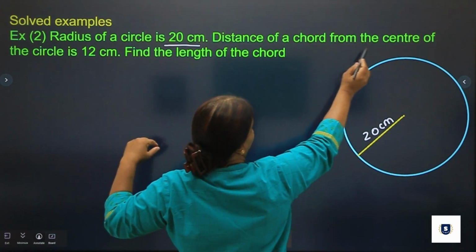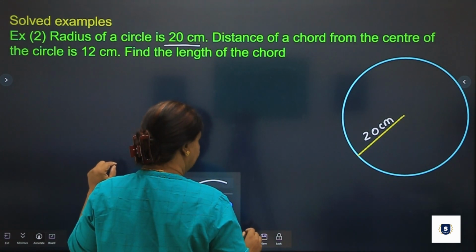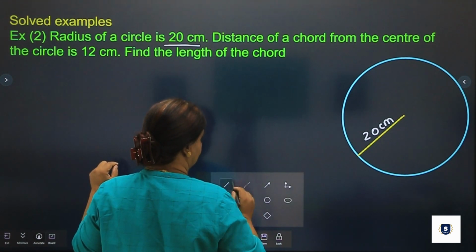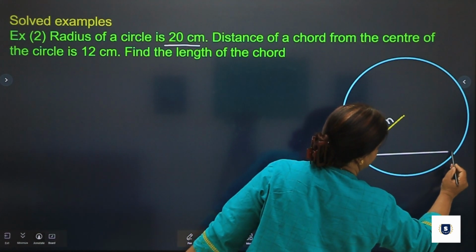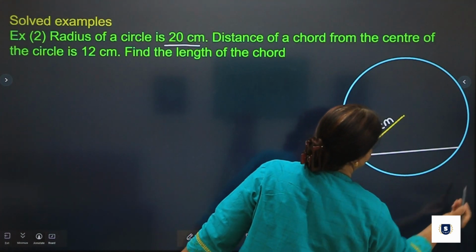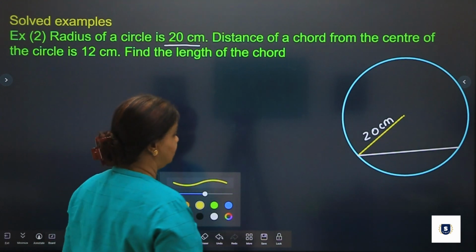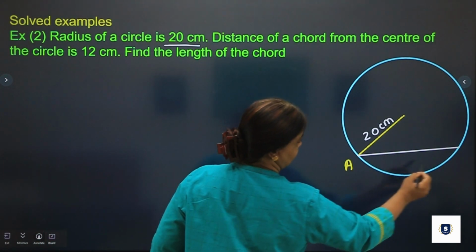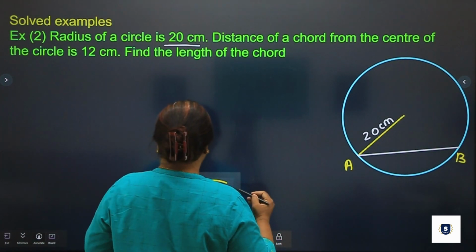Distance of the chord from the center of the circle is 12. There is a chord and this chord's distance from the center is 12 centimeter. Let that chord be AB. What is given?